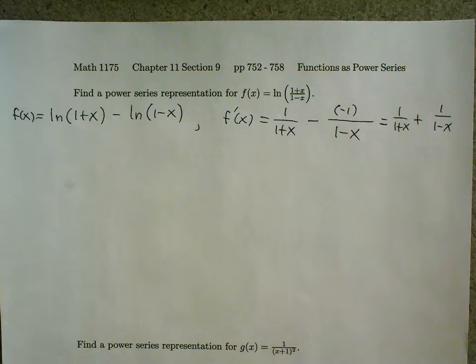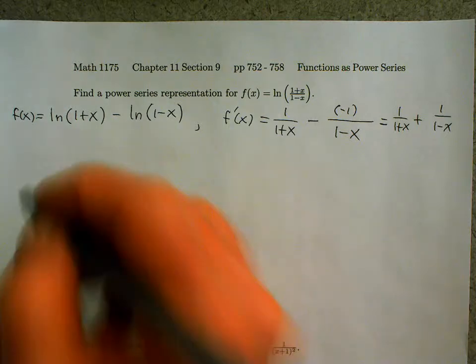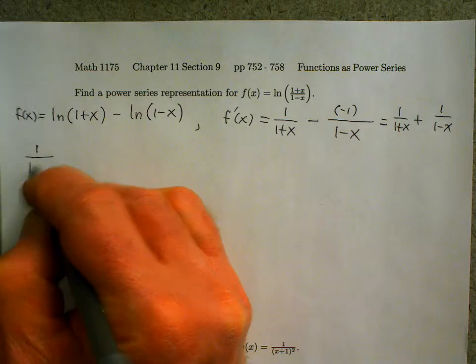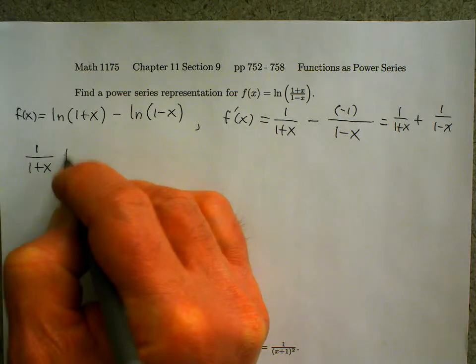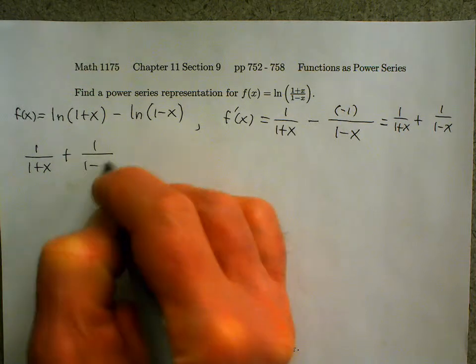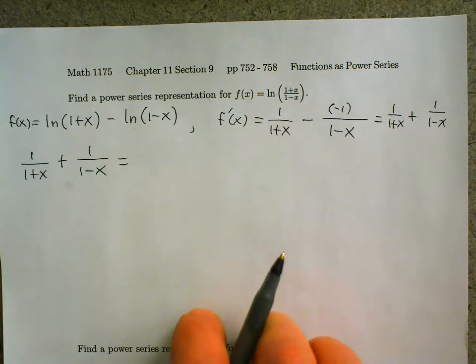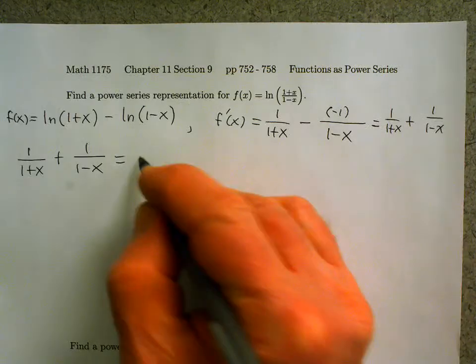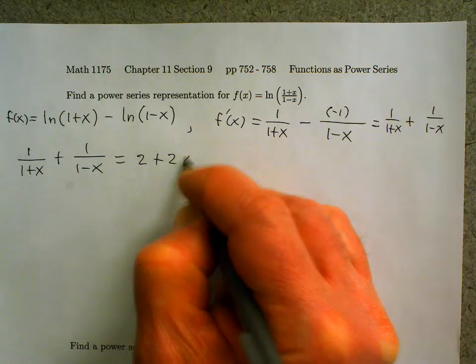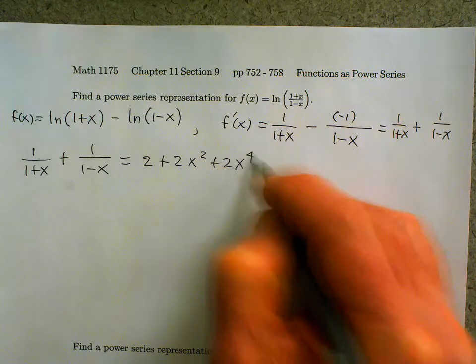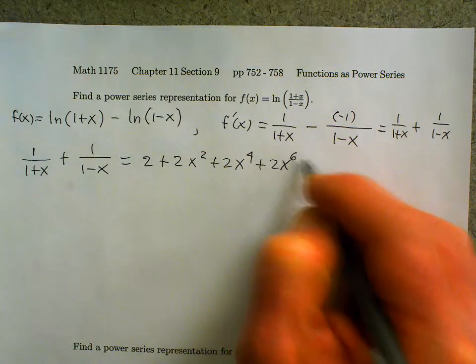Okay, so we found that 1 over 1 plus x plus 1 over 1 minus x, I always forget. Let's see, it's 2 plus 2x squared plus 2x to the 4th plus 2x to the 6th, and so on.